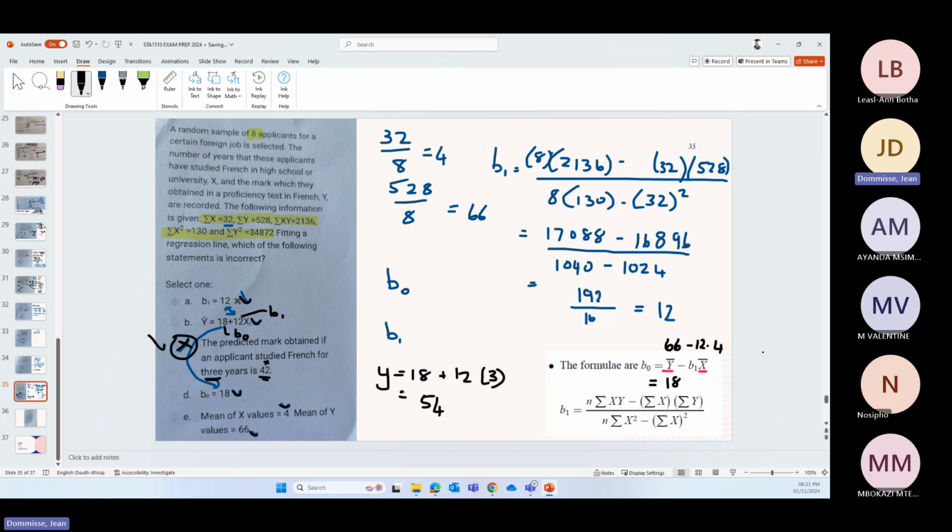So you could have used this in any case to get to those two numbers. So they give you all the information to get to B0 of 18 and B1 of 12. Then we have that formula as correct as well. Yeah, again, they do give us all that information.